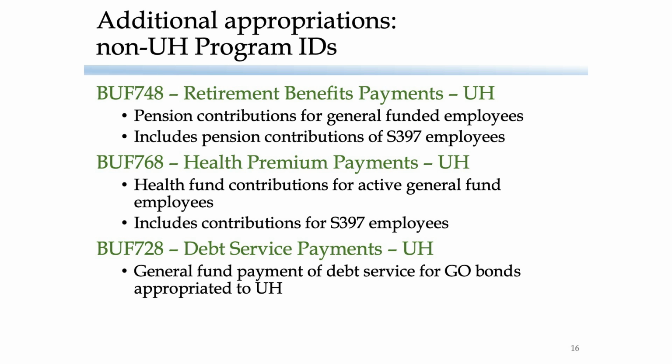However, I will point out one important exception. You could be a general fund authorized position, but at the University of Hawaiʻi, it is not uncommon that there are insufficient general funds provided to the university to actually pay your salary. And in those instances, the university will still utilize university funds to pay for your salary, even though you are general fund authorized.